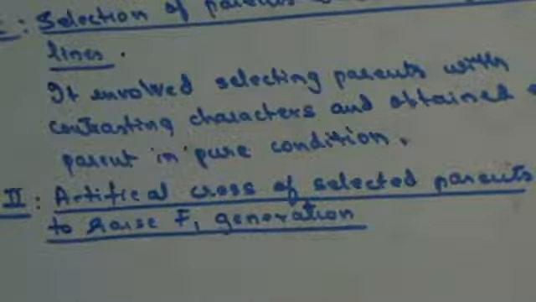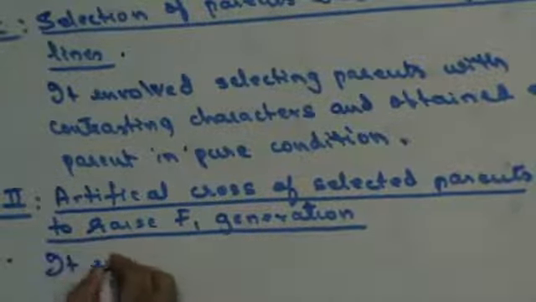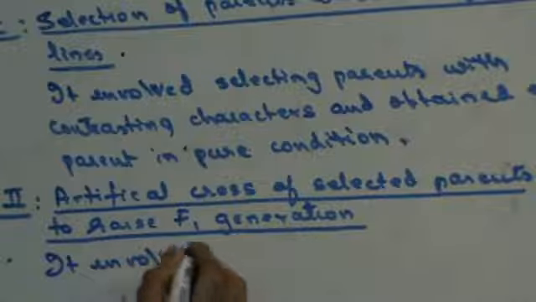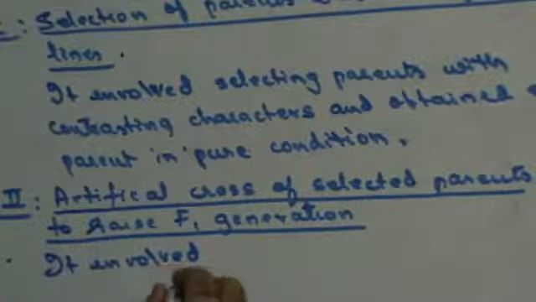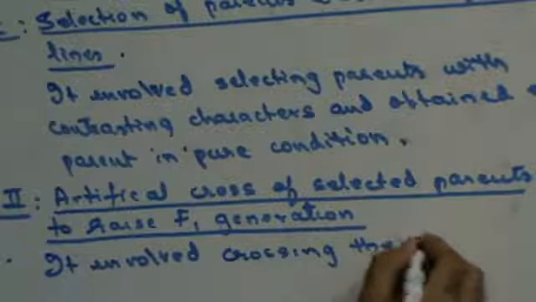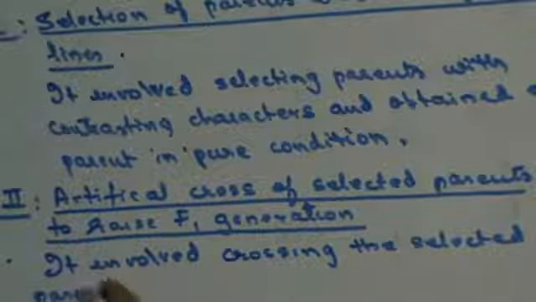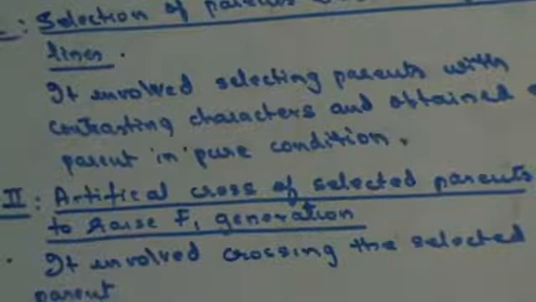Now once the parents were selected, it involved crossing the selected parents.